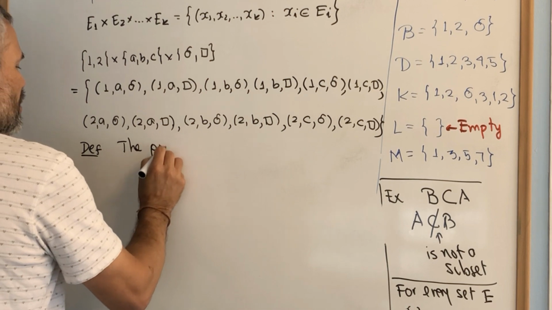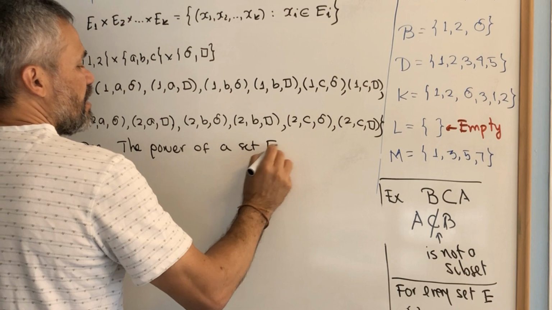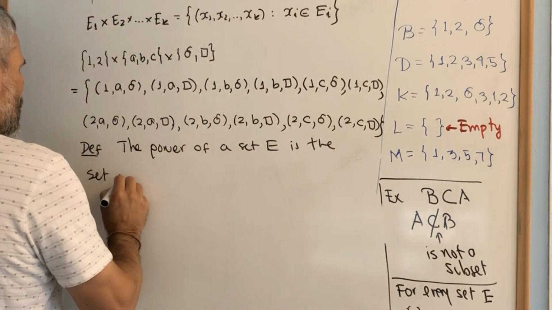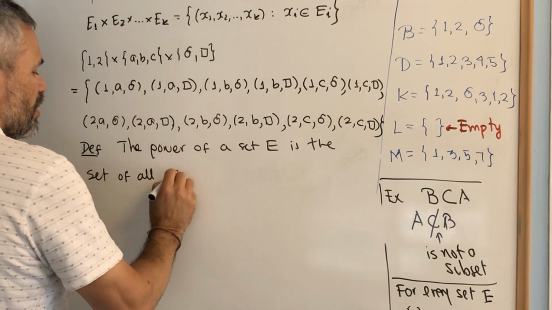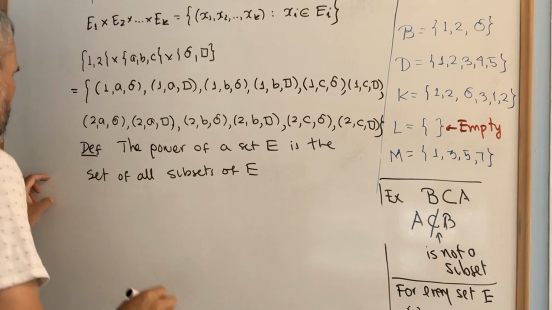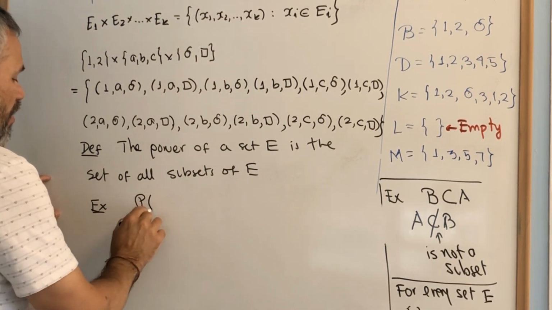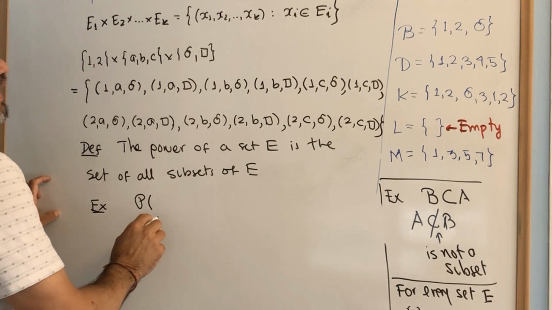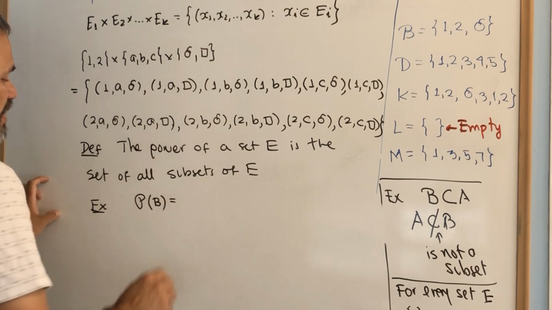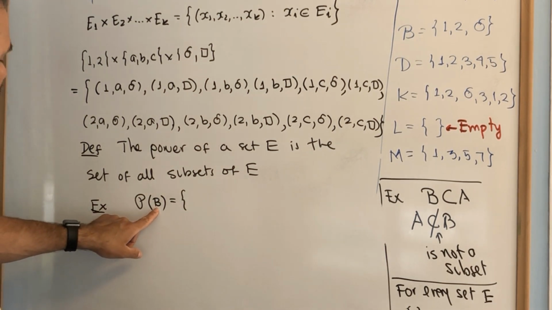The power of a set E is the set of all subsets of E. And then as an example, the power of the set B, we denote it like this, is the collection of every possible subset of B.